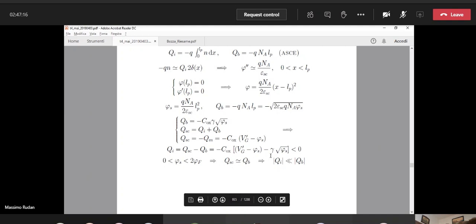And the inversion charge, Qi, is negligible. Okay, so this is the important expression that we have found with some approximations that are more or less acceptable. I mean, they work quite well for the basic theory of the MOS transistor.